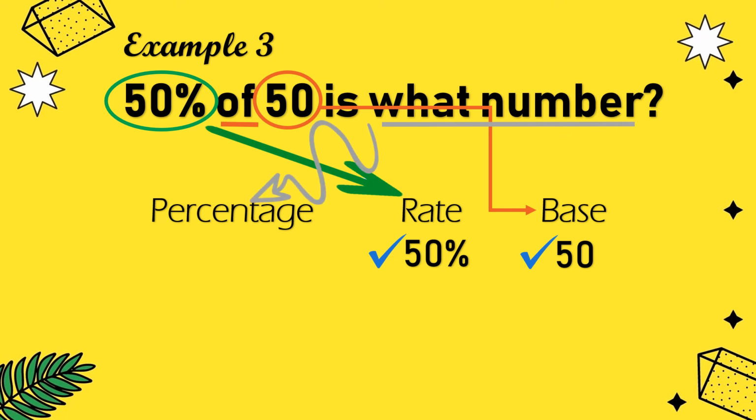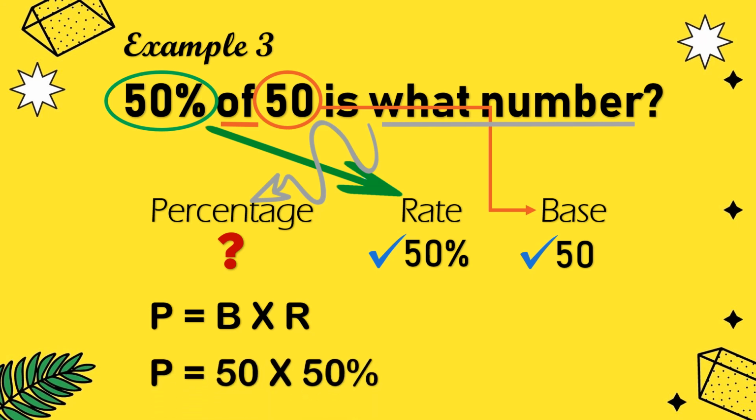Now let's apply the formula. Given the base and the rate, the formula that we're going to use is P equals B times R. So, P equals 50 times 50%. Don't forget to change percent to decimal. So, we have to move the decimal point 2 places to the left. Thus, P is equal now to 50 times 0.50.